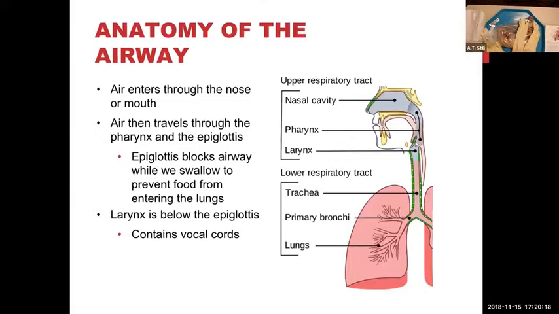So sometimes the food can go down into the trachea and it makes us cough, because we do not want food to go down into the trachea and get into our lungs. So the epiglottis, when we swallow, folds down and basically covers this opening into the trachea to block food from going into the trachea instead of the esophagus where it belongs.